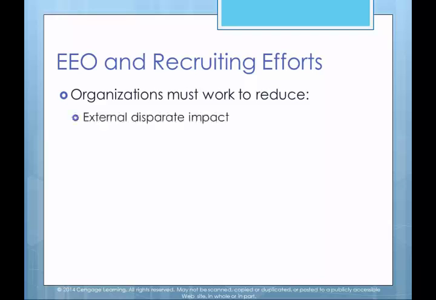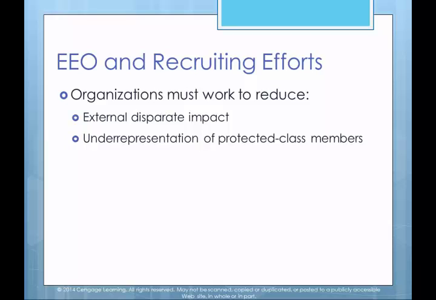So, organizations must work to reduce external disparate impact. Now, what's disparate impact? That means that you have policies, procedures that may have a negative reflection on a protected class.